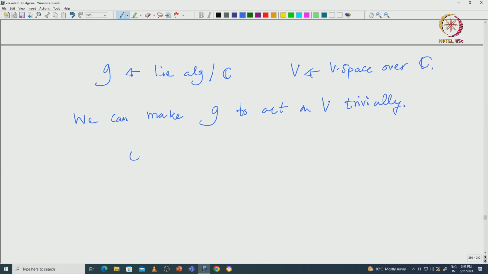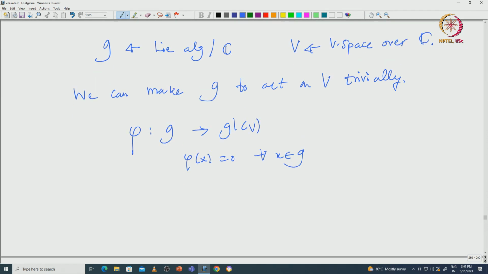So, what I mean by that, you can define this trivial representation as follows. G to GL of V given by phi of x equal to 0 for all x in G. It is easy to see that this map is definitely a Lie algebra homomorphism. So, that means if you take x in G and v in capital V, you are declaring x dot v is 0 for all v in V and x in G. Okay. So, this is called trivial representation.